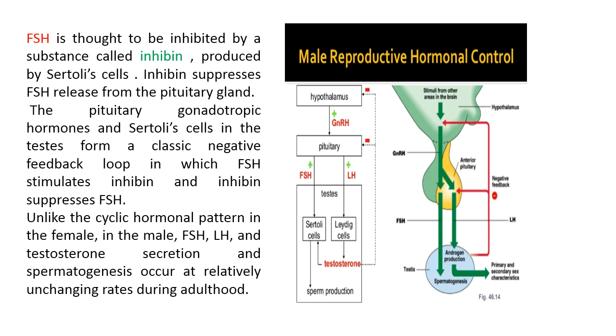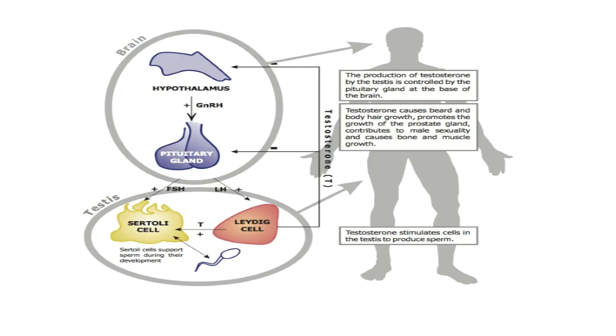And these changes in the level of LH and FSH that occur in the female body will not occur in the same manner in the male body. In male, the FSH, LH, and testosterone secretion and also the spermatogenesis occur at relatively unchanging rates. This is during adulthood.